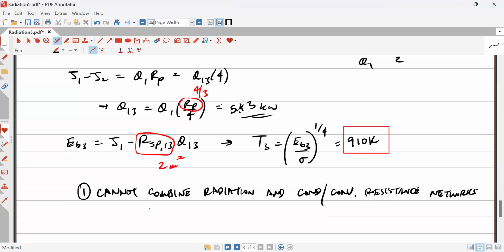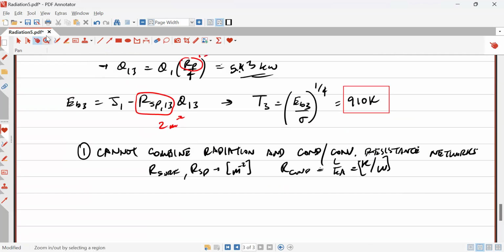What I mean is that the surface and spatial resistance units are meters to the -2. In conduction, you have L over kA, and the units there tend to be Kelvin per watt. So they're different units, you cannot mix them. The exception is if you use an equivalent radiative heat transfer coefficient, then you have 1 over hA, which gives Kelvin per watt. You would go about it that route.